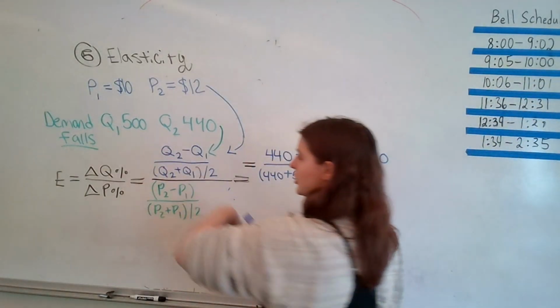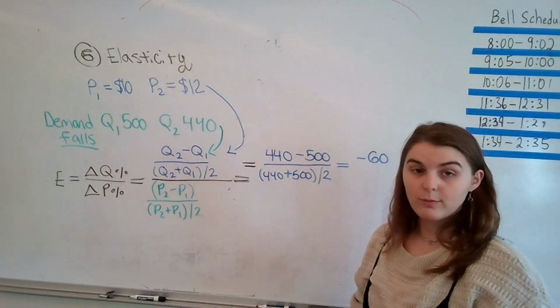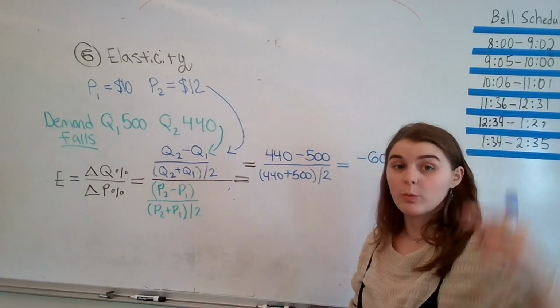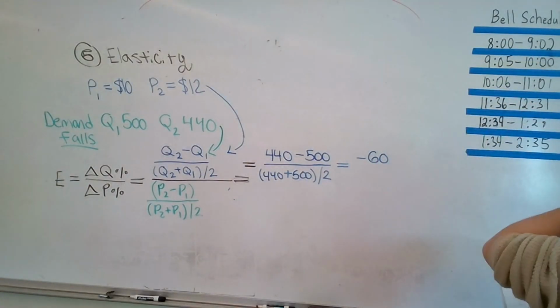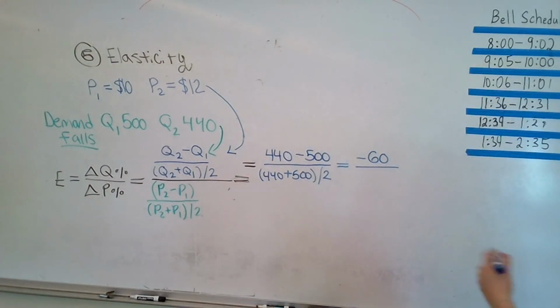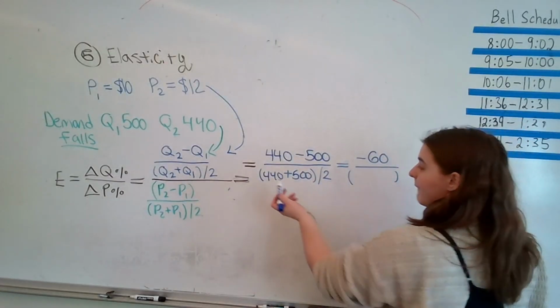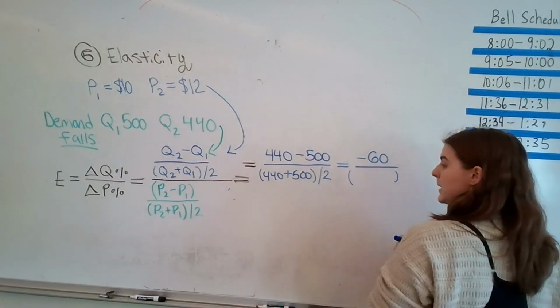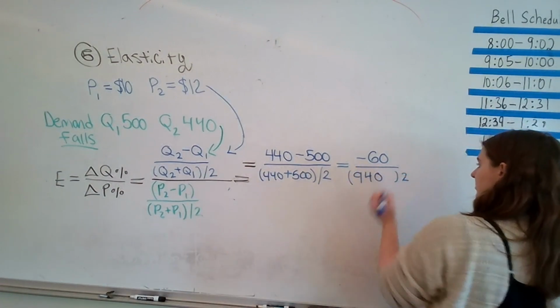We see here the change. We went from 500 to 440. 440 is less than 500, so we went down. The next thing, we do 440 plus 500. 440 plus 500 is 940. We divide that by 2.